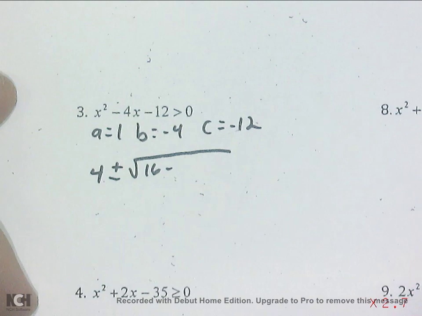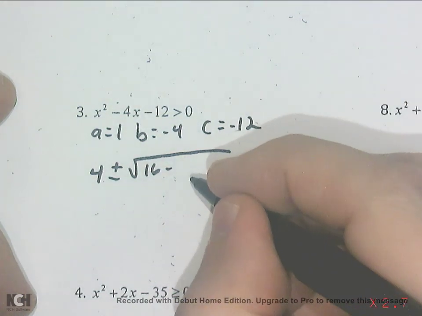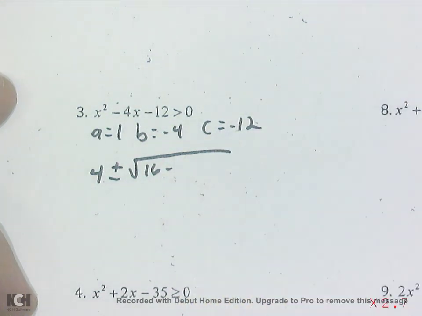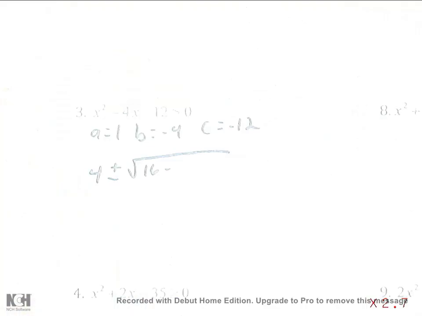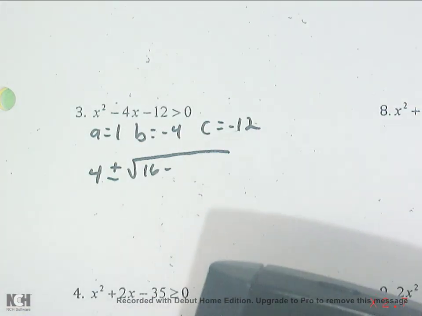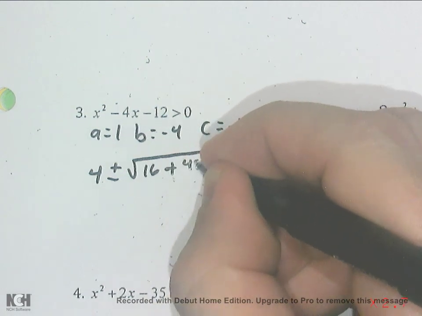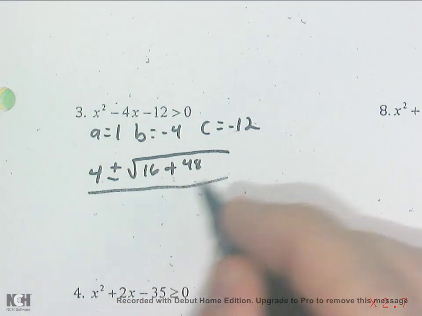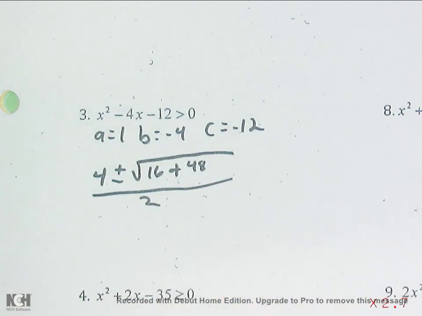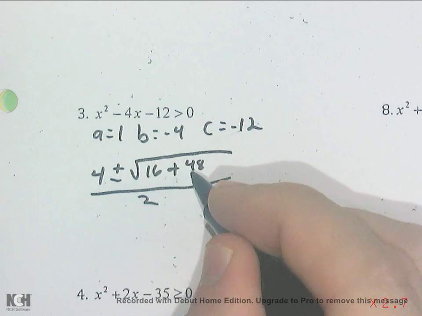So negative 4 times negative 12 would be positive 48, right? 4 times 12, yeah, 48. So plus 48. Well, 16 plus 48 would be 64, and that's all being divided by 2. The square root of 64 is 8.